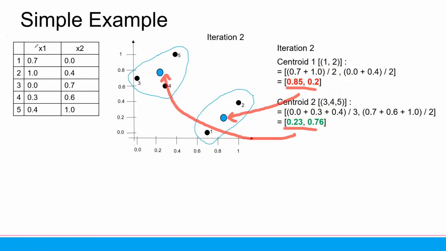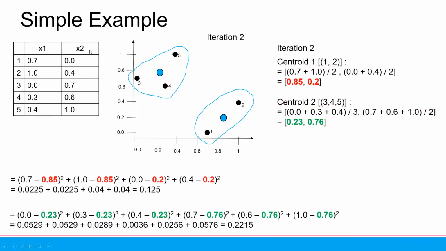Okay. Now, based on this one, I would like to check the error. Again, I can deduct every one of these according to the centroid. According to the centroid, you can check the distance to the centroid. So 0.7 minus 0.85 squared, 1 minus 0.85 squared, 0 minus 0.2 squared, and then 0.4 minus 0.2 squared.